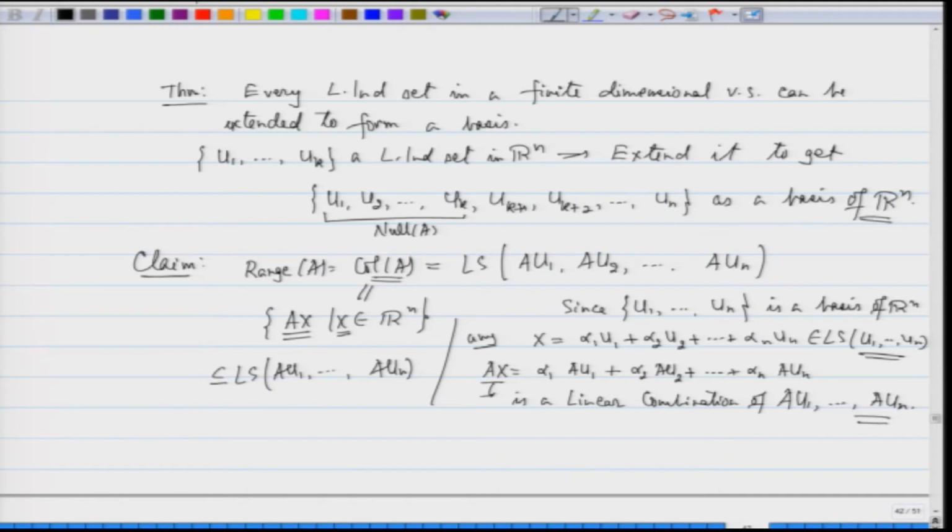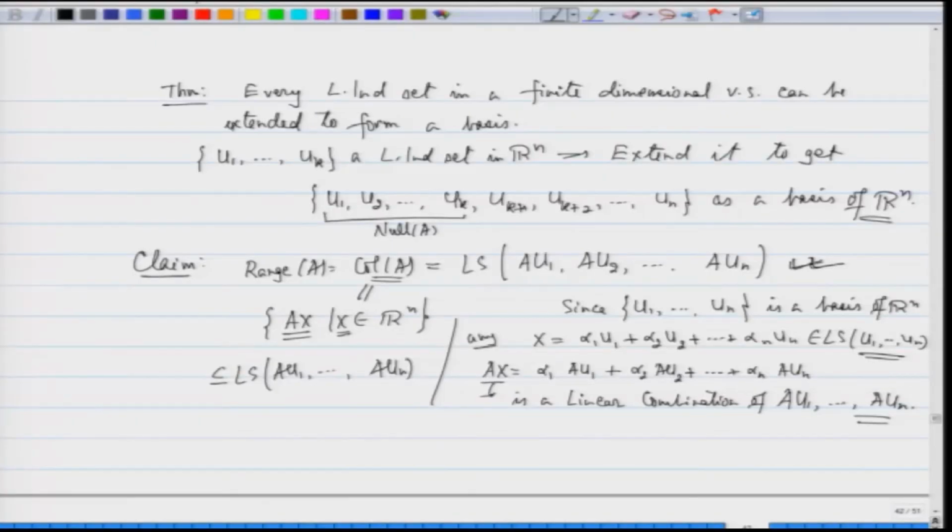And the linear span of U1 to Un is the whole of Rn, so I am looking at only this part. There is nothing wrong, everything is okay. So, this part is equal to this, because any Ax is in the linear span of A of U1 to A of Un. And vice versa, you can prove it yourself, because linear independence will imply that they are invertible and things like that. I can get a standard basis E1 to En using these and vice versa. Fine. So, I have got this.